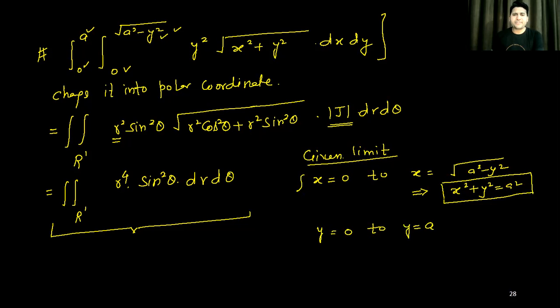Now, with the help of this region, I need to draw a region in polar coordinates. Let us see how it will look. From the given limits, x equals 0 to x squared plus y squared equals a squared, and y equals 0 to y equals a. This is the given information.